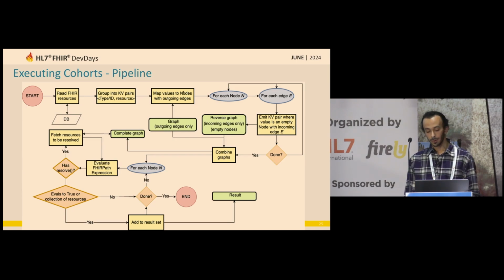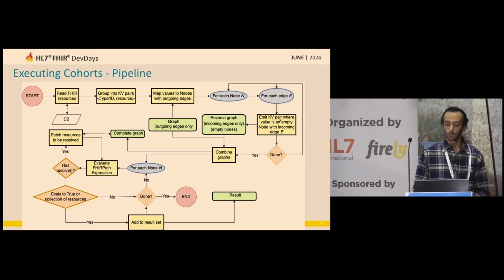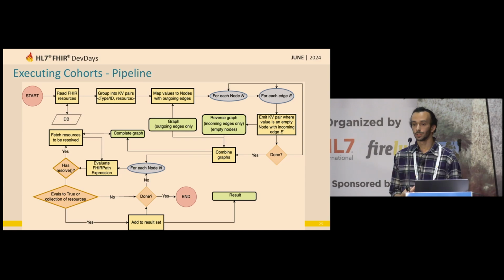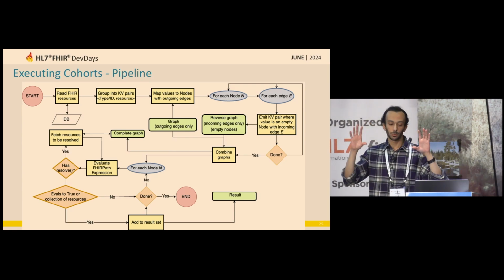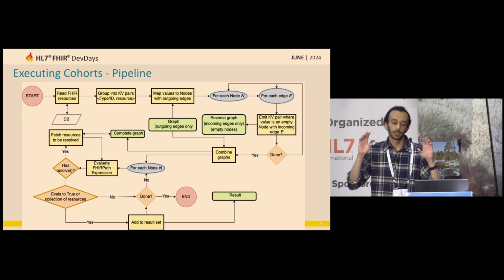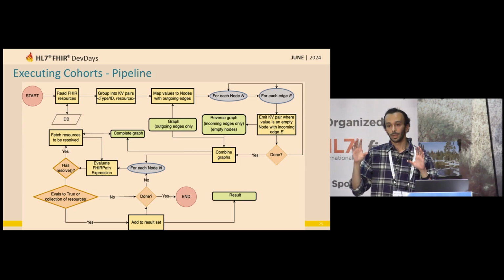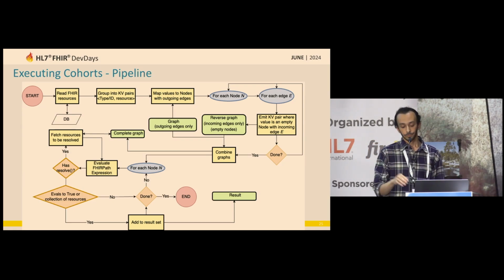The next step is, for each node in this graph and for each edge or reference, we will emit a key value pair where the value will basically be an empty node. The reason being, for example, if resource X points to resource Y, we will emit a node for resource Y, and since we don't actually have resource Y, it will be empty.